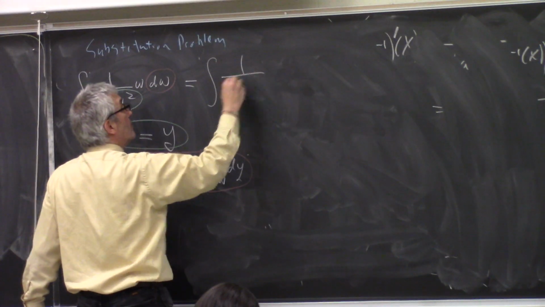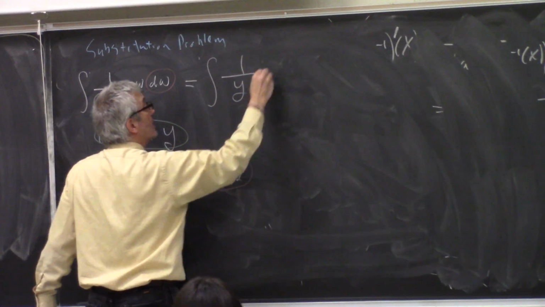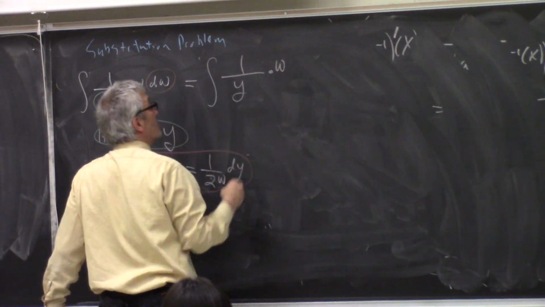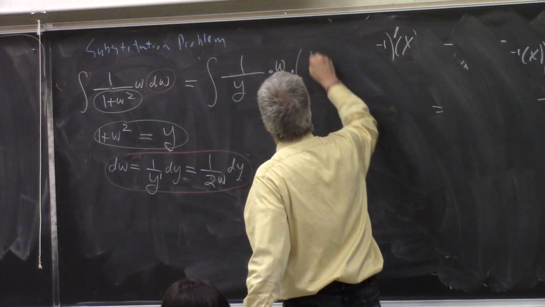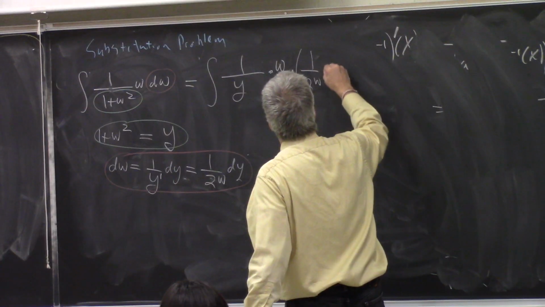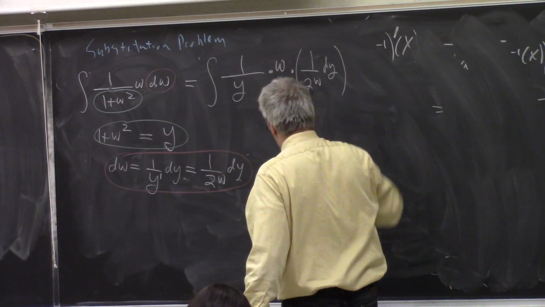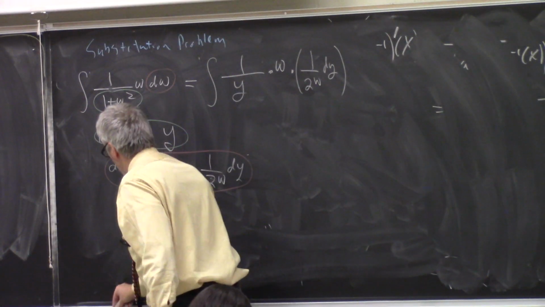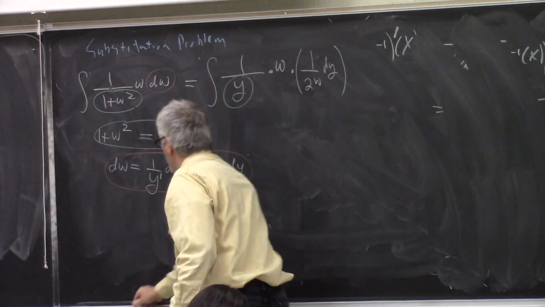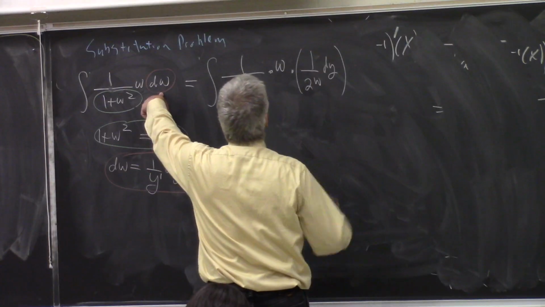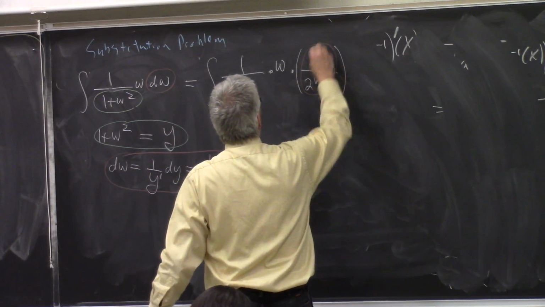And I get 1 over y. And then I have that rogue w sitting there. And then I have 1 over 2w dy. So I made my green substitution, replaced that green term with that green y. I made my red substitution, replaced that red dw with all this red junk.